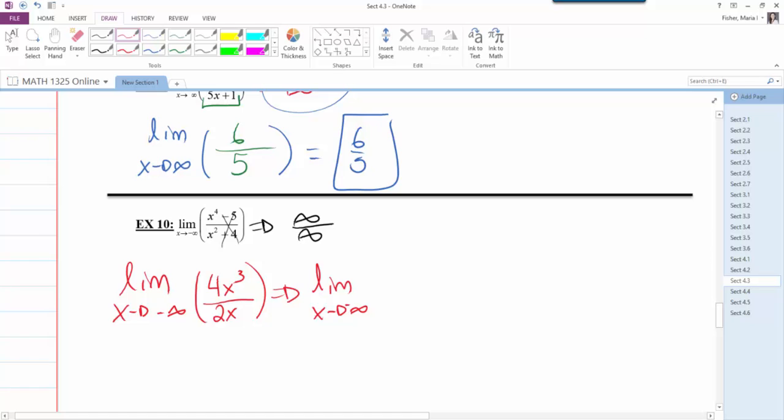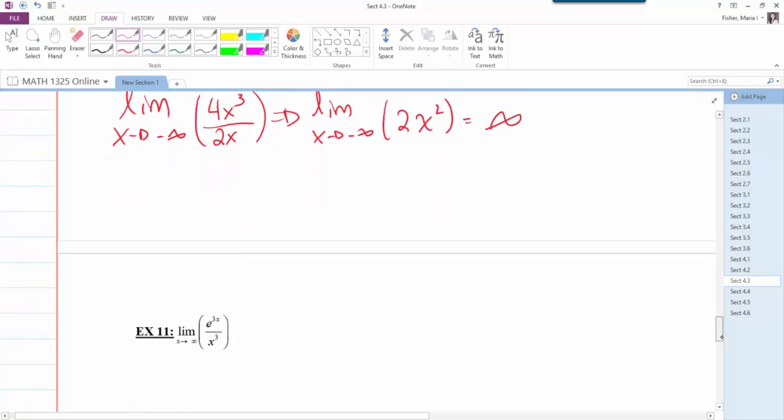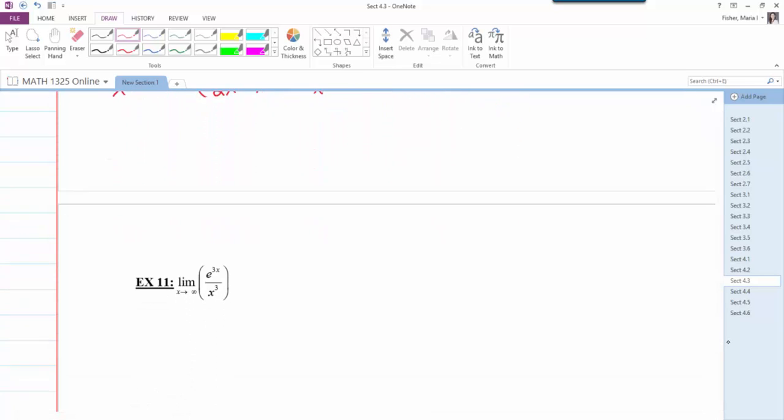Well, notice that 4 over 2 will reduce to 2, and x^3 over x is just x^2. So we're really looking at the limit as x approaches negative infinity of 2x^2. Well, this ends up being 2 times positive infinity, because negative infinity squared is positive infinity, so the limit here is equal to infinity. Let's look at number 11.